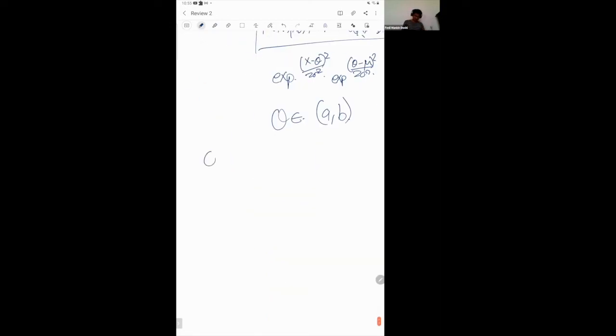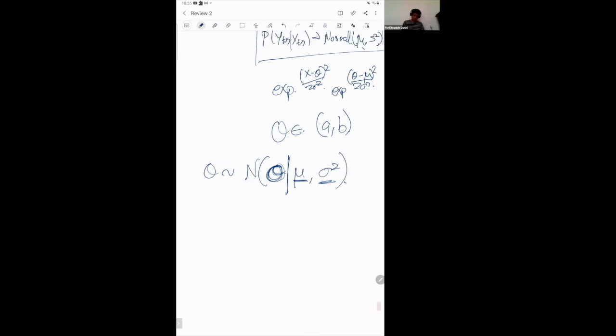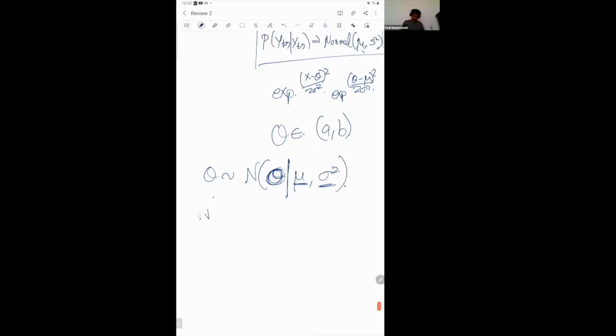So if theta comes from a normal, this is the distribution over the variable, and these are the parameters, mu comma sigma square. Now if I have this new distribution of x, theta is a parameter and there's this new variable as well.